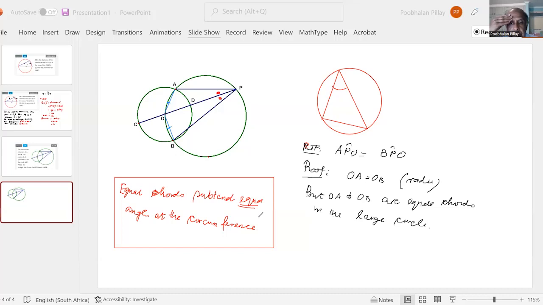And then you make the statement here, equal chords subtend equal angles at the circumference, and therefore that angle equals that angle, as I said earlier on. So that is how you would prove that. You make that statement, and then you can say that therefore this angle is equal to that angle. Right? And that is really what you wanted to prove. Okay, so that takes care of that problem.